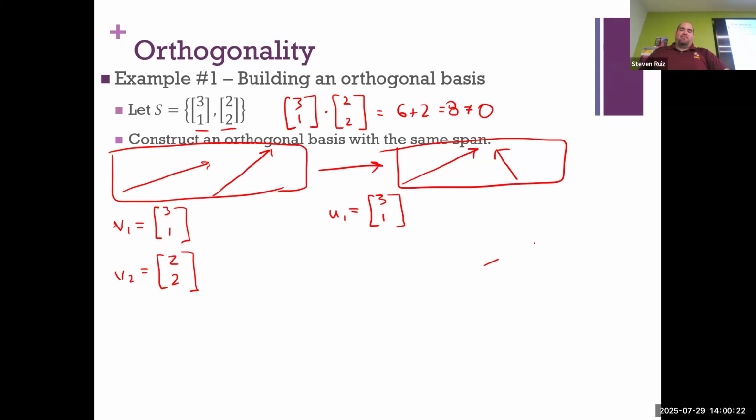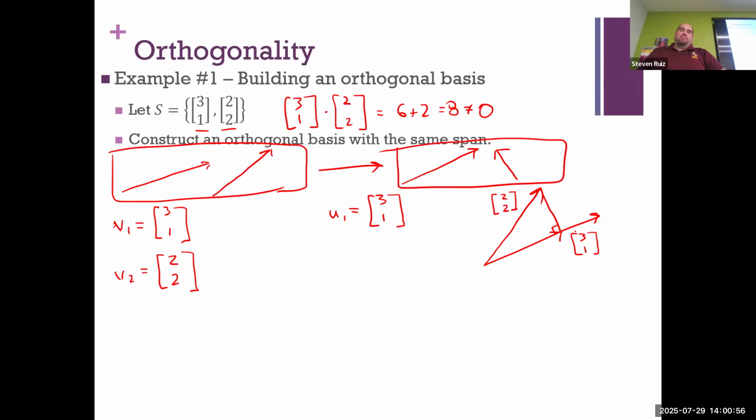Basically what I want is this. I have this vector (3, 1), and I have a vector (2, 2), which is not orthogonal to it. But something we talked about in the last section is this: I can break up a vector into 2 components, one that is perpendicular to a direction I care about, and one which is parallel to a direction I care about.